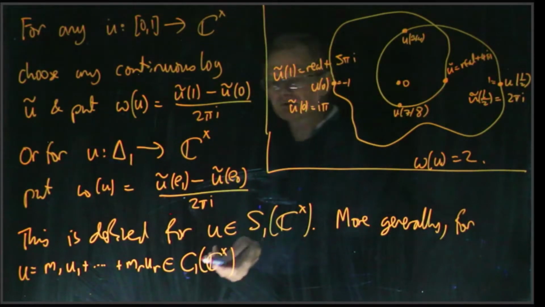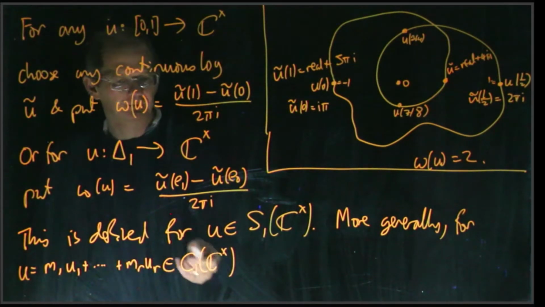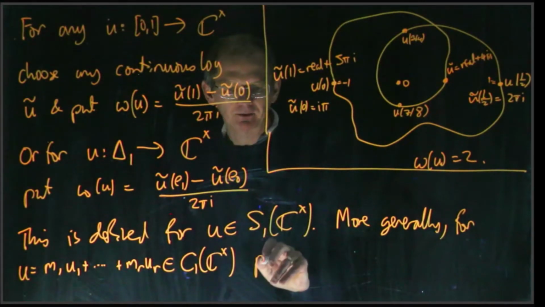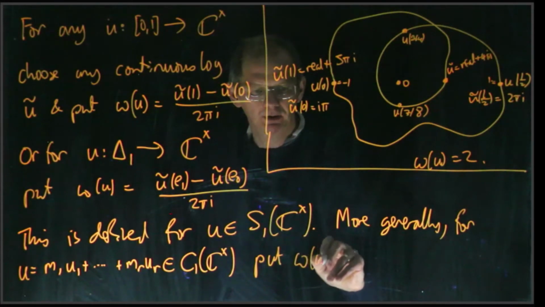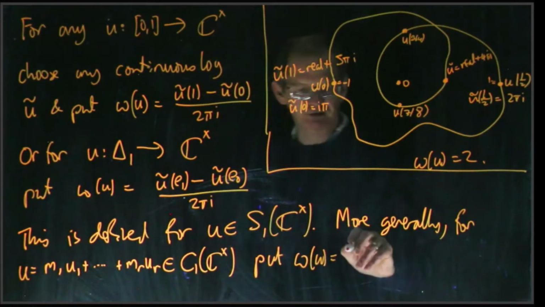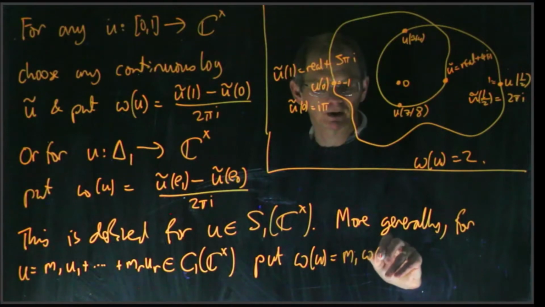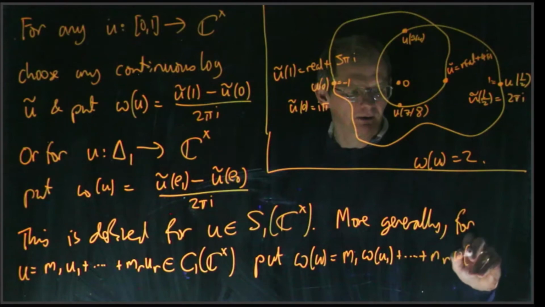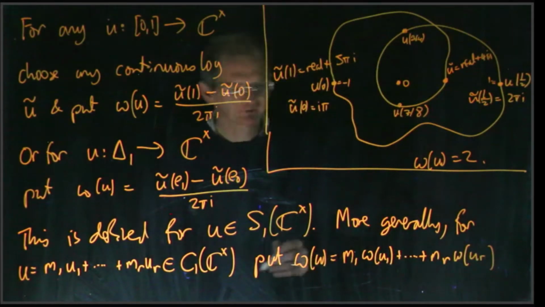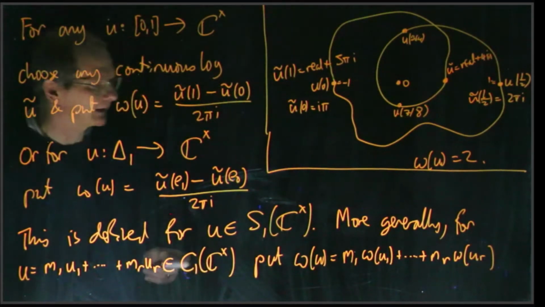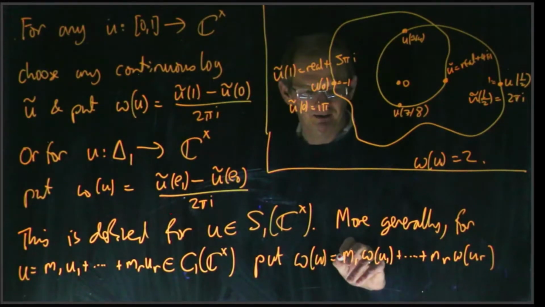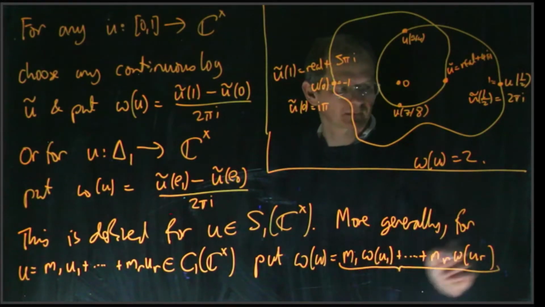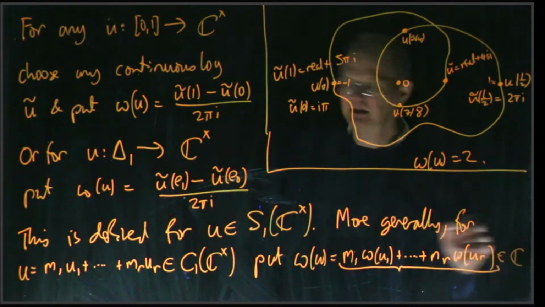Obviously, we're going to need to consider this group if we're going to understand anything about the homology. And so for this, we're going to put omega of u, and we do the usual linear extension thing, M1 omega U1 plus up to MR omega UR. And notice that we've got a plus on both sides of this equation, but the pluses are somewhat different. This is just ordinary addition of complex numbers. Remember this is an element of C.